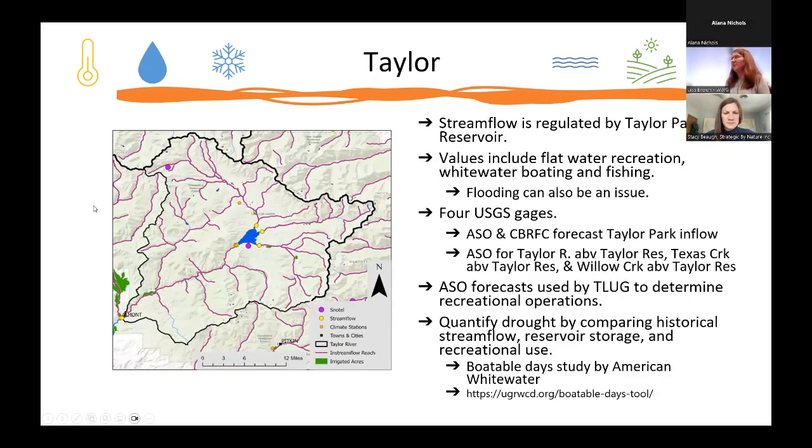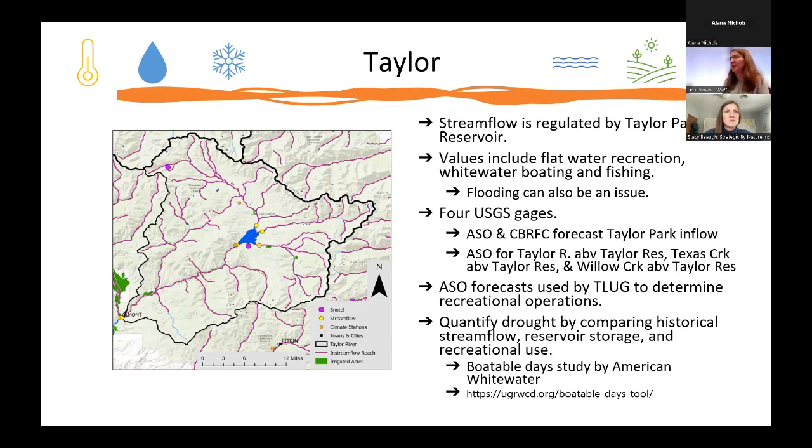Okay, Taylor Basin. So this is our big Taylor Park Reservoir. Lots of information, lots of focus on this basin for impacts to Taylor Park. Values include flatwater recreation, whitewater boating, fishing, lots of recreation happening downstream and at the reservoir itself. We've got 4 USGS gauges, and we've got ASO and CBRFC forecasting the Taylor Park inflow.